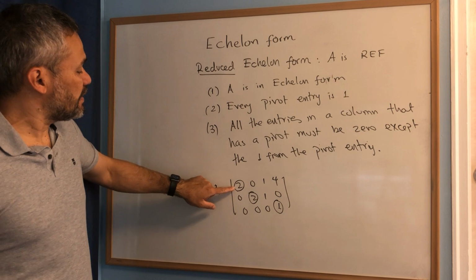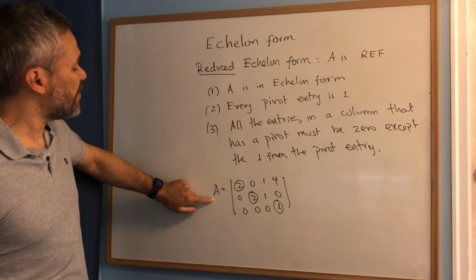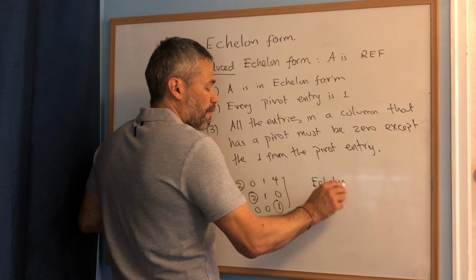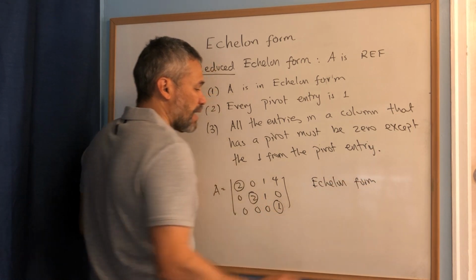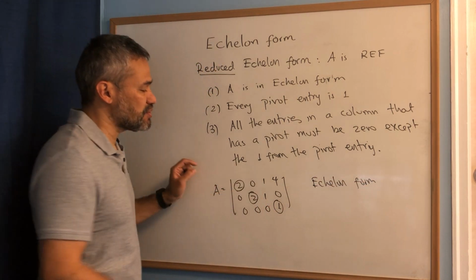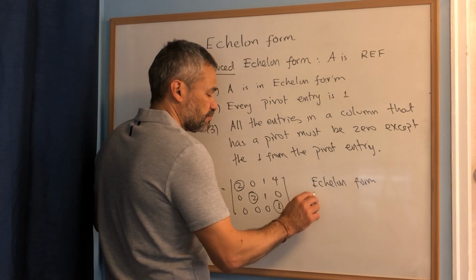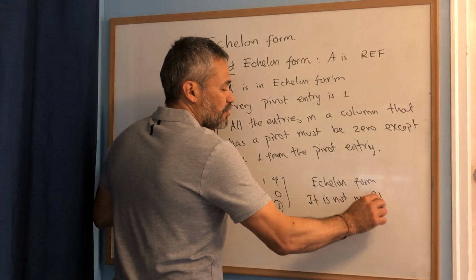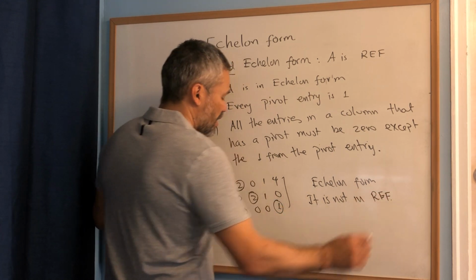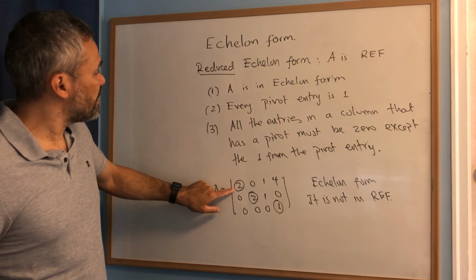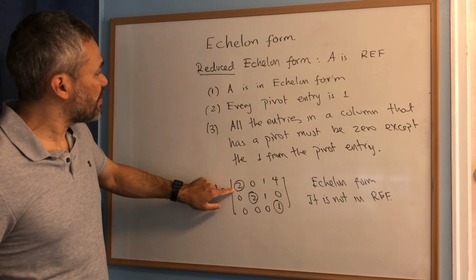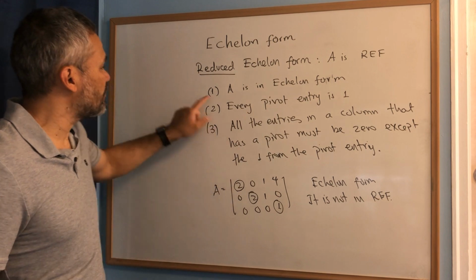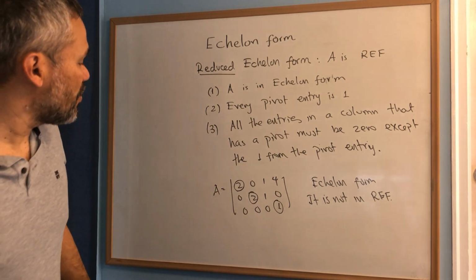In this case, this matrix is in echelon form, but it is not in reduced echelon form, because this pivot entry must be 1, and in this case it is 2. Every pivot entry is 1. Okay, let's do more examples.